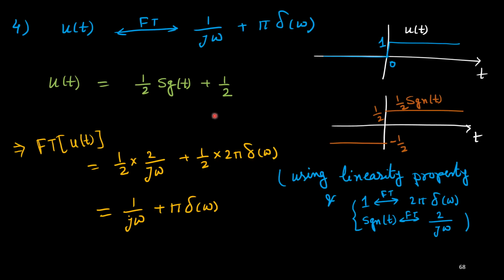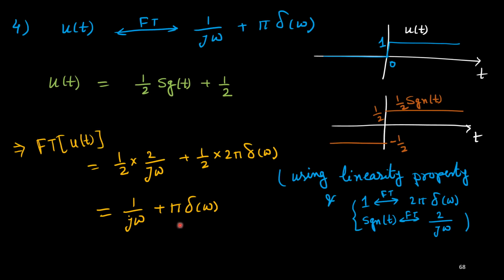Half times 2 upon j omega, plus half times the Fourier transform of 1, which is 2 pi delta omega. This will give you the Fourier transform of u(t). If you simplify, this 2 and 2 will cancel, it is 1 upon j omega, and this pi times delta omega. So it is 1 upon j omega plus the second term pi delta omega.